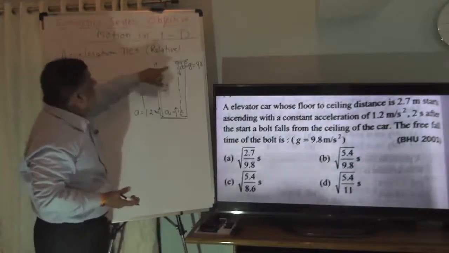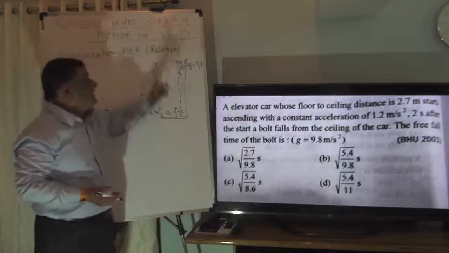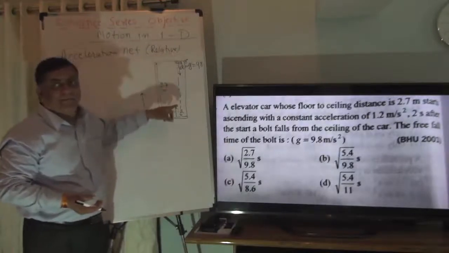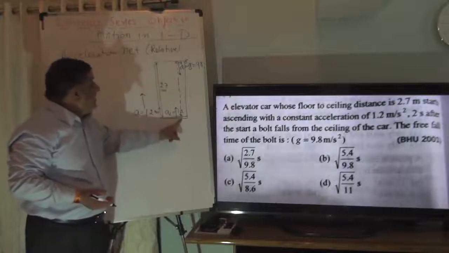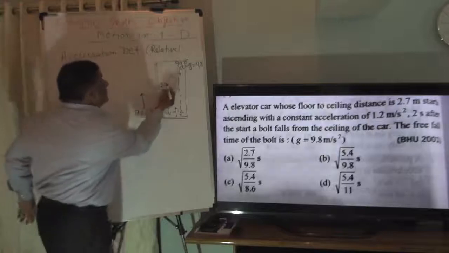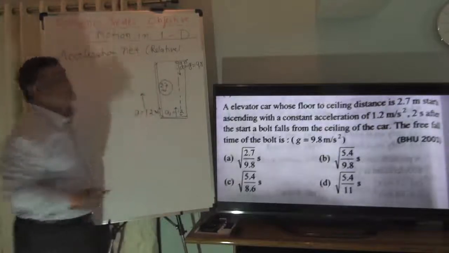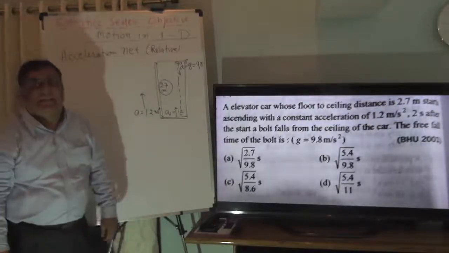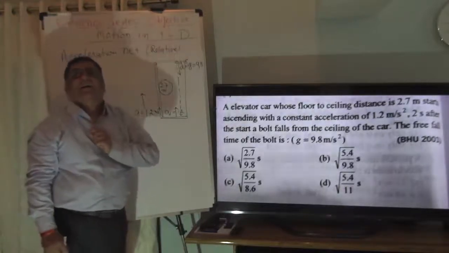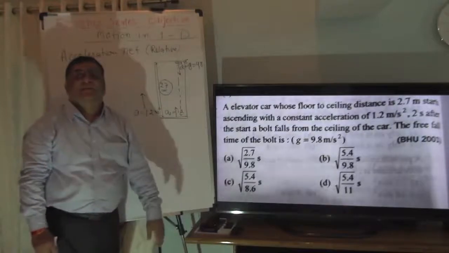Now we have to find out, at the time when it starts falling, what is the distance it has to cover? The answer: it has to cover 2.7 meter distance. Does it have any initial velocity? Yes, it has an initial velocity.